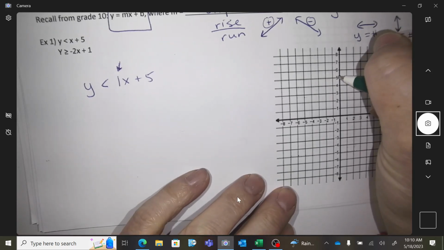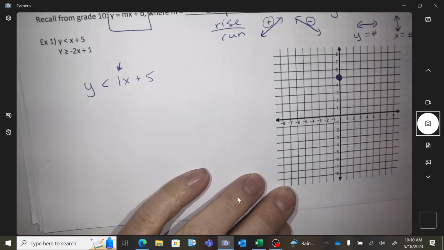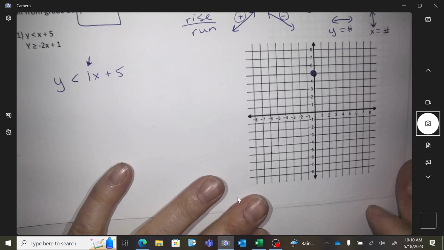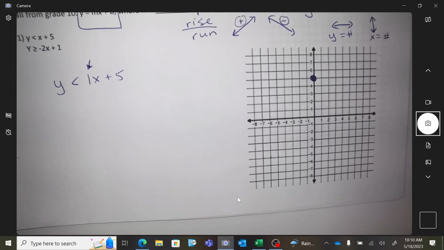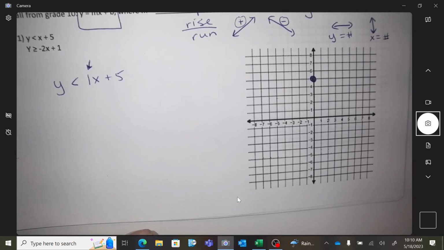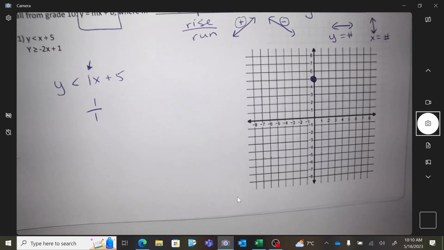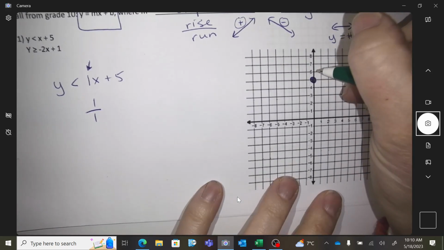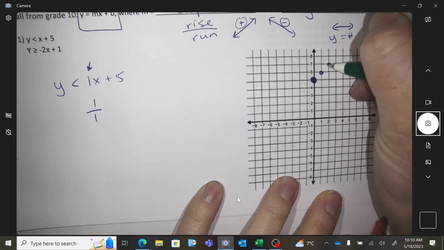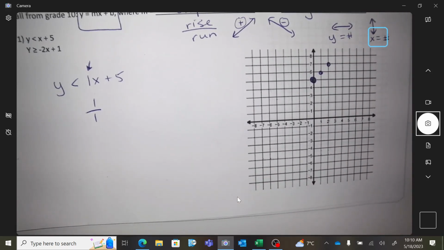So I'm going to start at 5. To do a slope of 1, what is 1 as a fraction? 1 over 1. So I'm going to go up 1, right 1, up 1, right 1, like a staircase. And don't draw your line. So that's going to be my line.